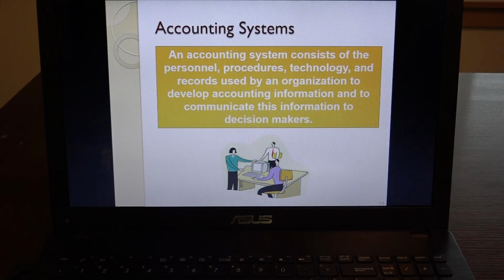The accounting system is a broad spectrum of the personnel, hardware, software, procedures, etc., records used by the organization to develop this accounting information, gathering it up, organizing, and communicating that information to decision makers.